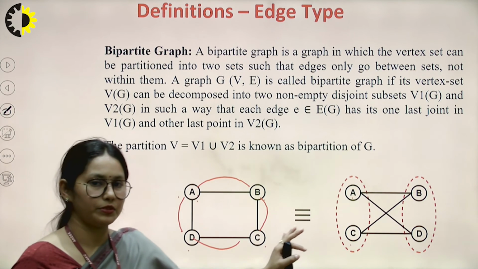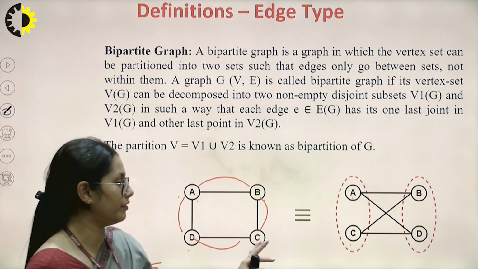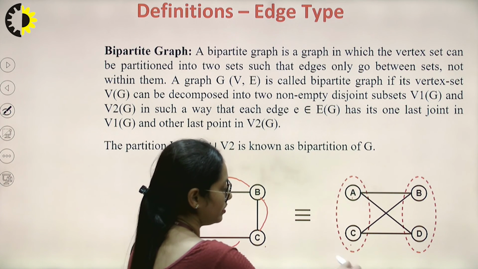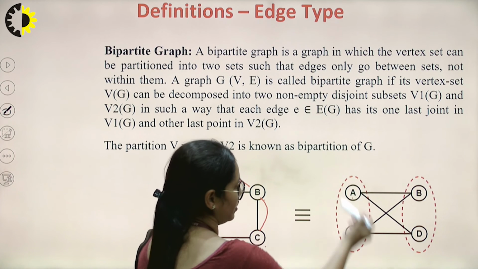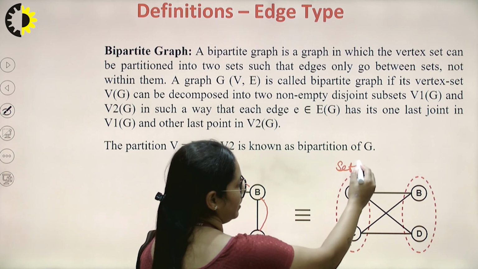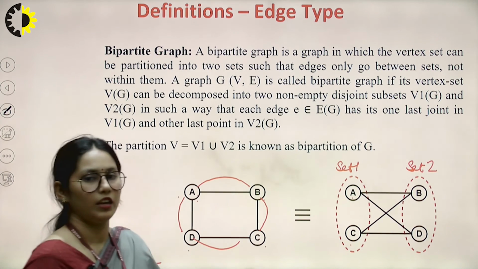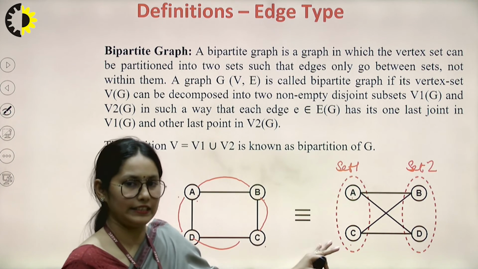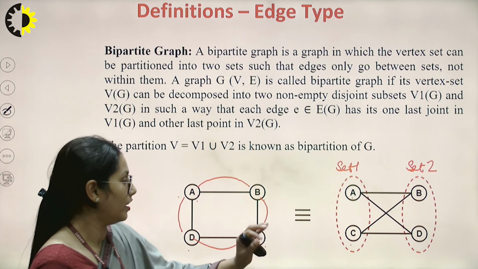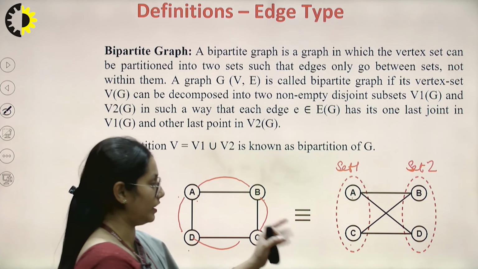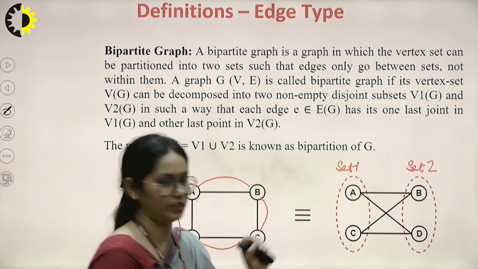Now what happens is, in this graph, you have divided your graph into 2 sections. This is the first section, this is your second section. This is your set 1 and this is your set 2. In set 1, you can clearly see that there isn't any edge connecting A and C together.